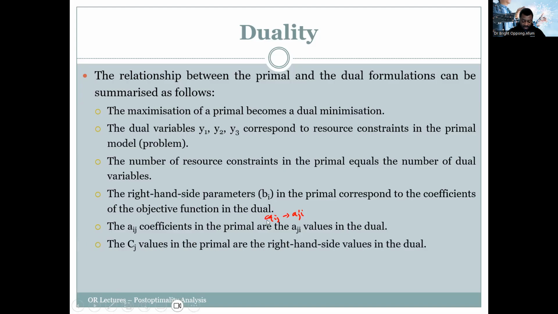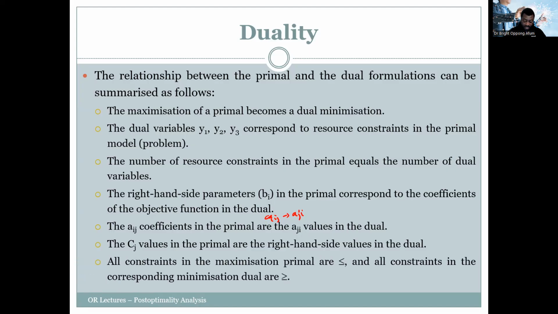Then the cj values in the primal are the right-hand side values in the dual, right? Then all constraints in the maximization primal are less than or equal to, and all constraints in the minimization dual are greater than or equal to, right?